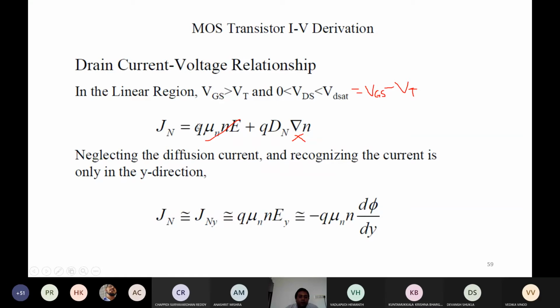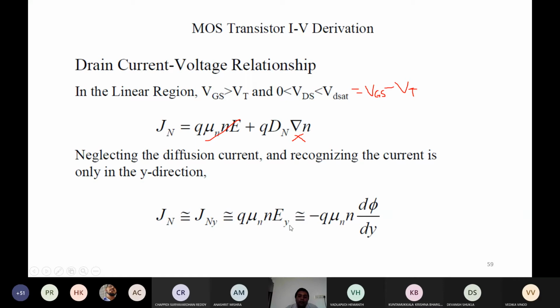So only the drift current will be considered, and that drift current is due to the electrons, therefore Jn, and it is along the y direction, along the channel. So Jn y will be calculated with the help of this equation: q mu n n Ey.